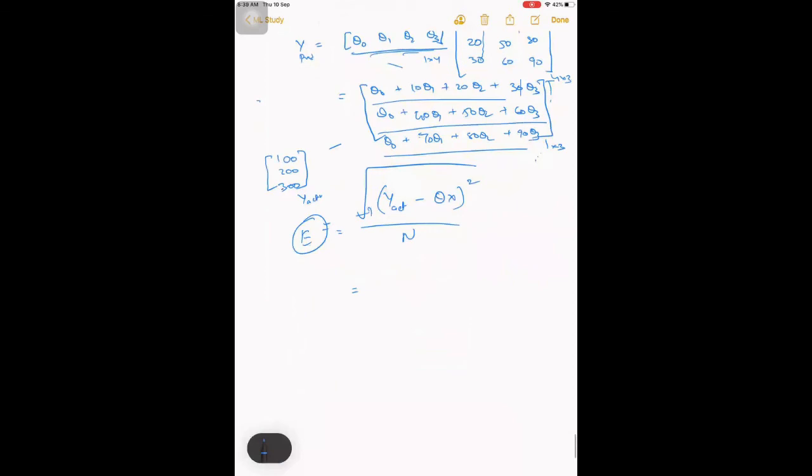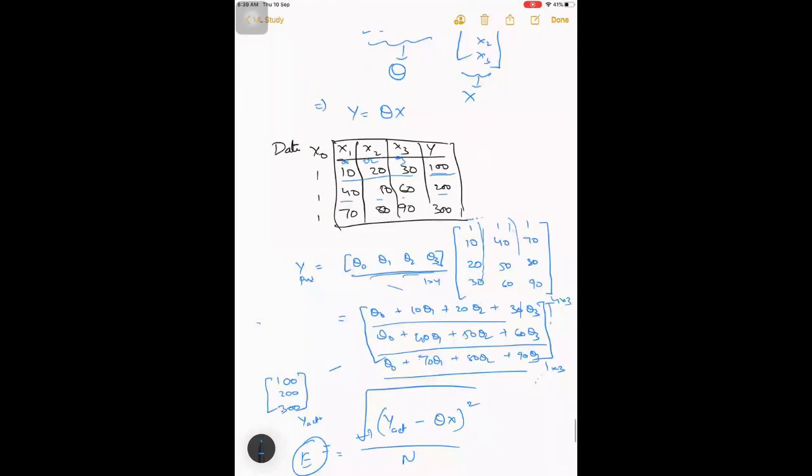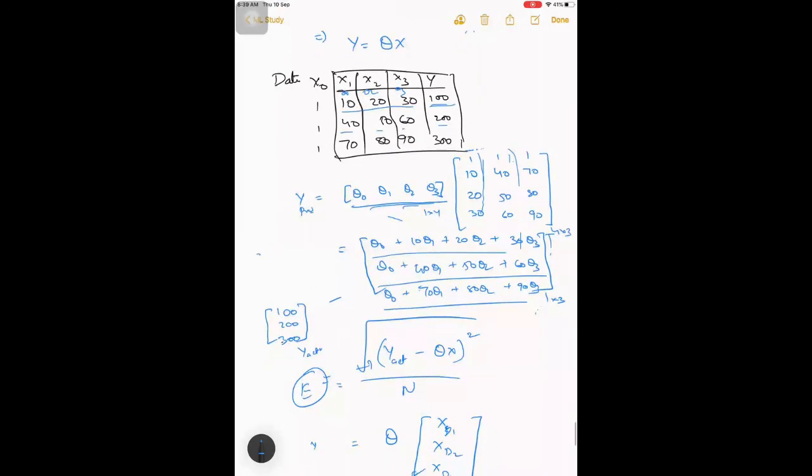So you have one theta here, and you have the first example x here, and similarly for, let's say, data 1, data 2, data 3, and so on. For this, you can calculate for each of them, like theta x d1, theta x d2, and so on, right? All these samples, whatever data you have, will be calculated all at a time, at once. Okay, we can do it that way. So this is one thing.